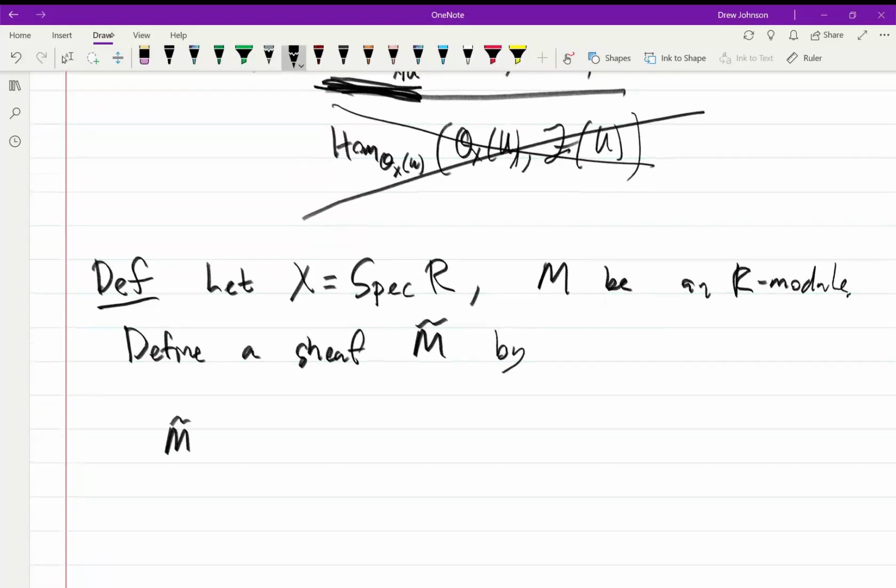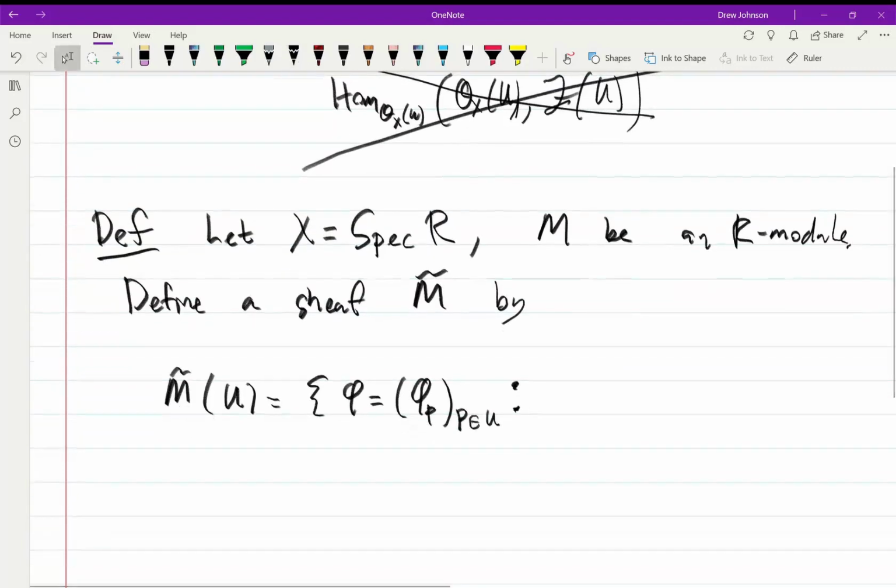M tilde on some open set U is just going to be the set of all sections phi, where phi is a choice of phi_p for every point in U, subject to the following compatibility condition, which should look very familiar. So phi_p is in the localization of M at P, right? P here is a prime ideal of R, so it makes sense to localize a module at P.